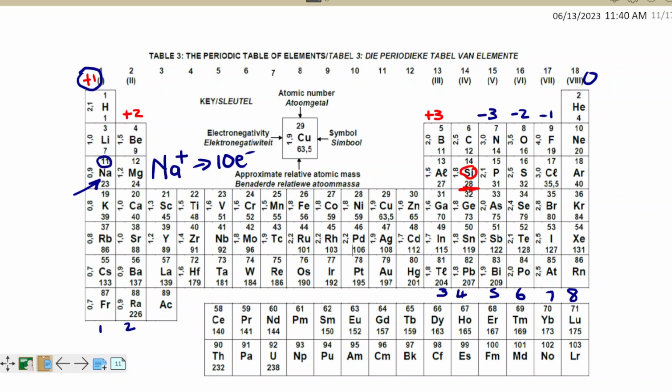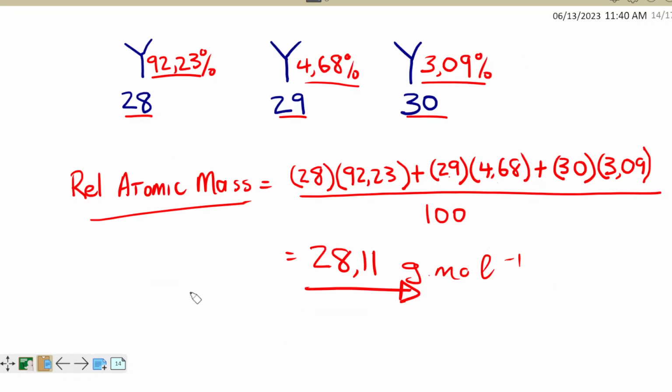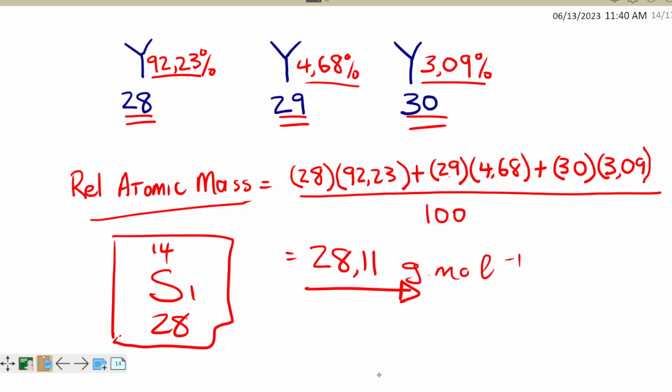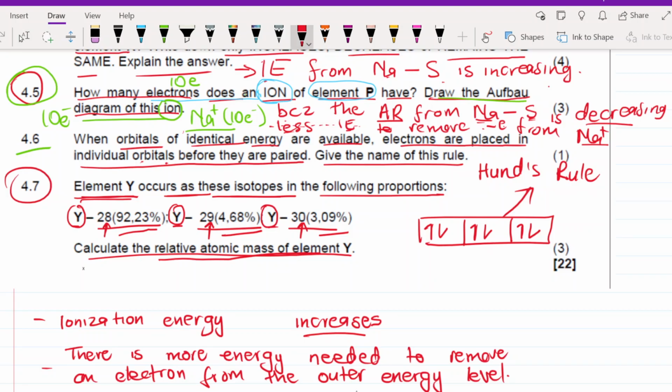So that means the isotopes of silicon will have, the first one was 28, the other one was 29, the other one was 30. If you look at the relative atomic mass of all of them, it will give you 28.11. That means here we are dealing with silicon. Element Y is silicon. That is the end of our question.